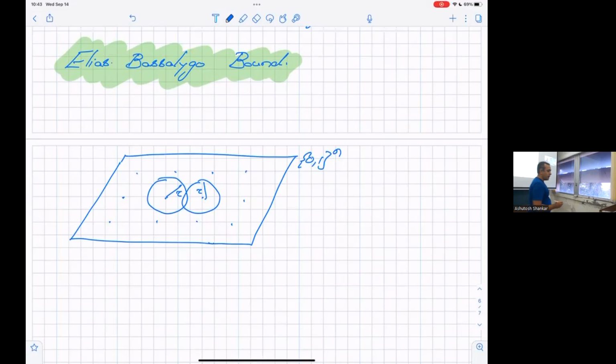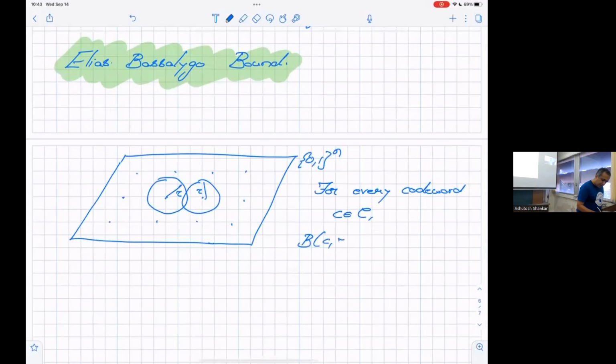But suppose now we give a guarantee that for every codeword c in C, if you draw a ball around c of radius tau n, and you ask how many codewords are there in this ball. Previously, when tau was chosen to be delta by 2, this intersection was 1.